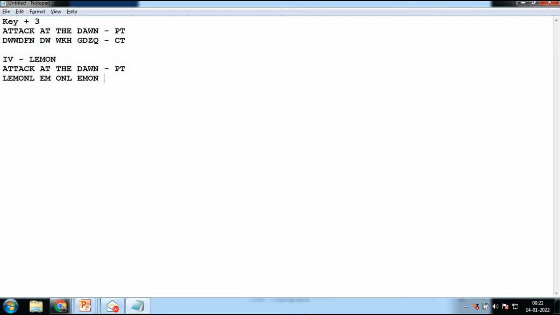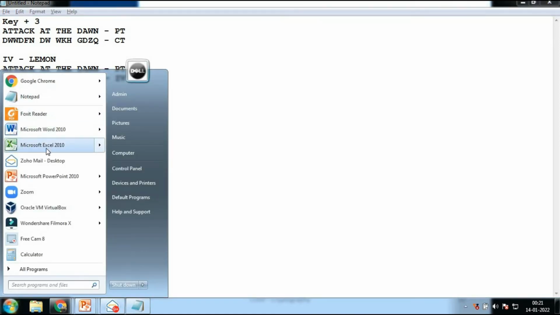The actual encryption of the space is also taken into consideration, but for the sake of understanding, I have not taken the space here. So with the initialization vector, let's compute an intermediate value, because we have not done it with the key yet.